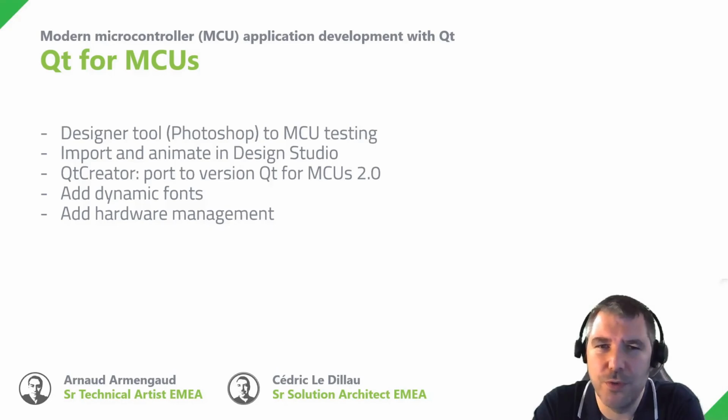Also, I showed you how to port your project from one version to Qt for MCU 2.0. It's really essential for your work to stick to the latest version. I showed you also how to deal with font engines and what are the final sizes of your projects. And finally, I showed you how to manage your hardware.